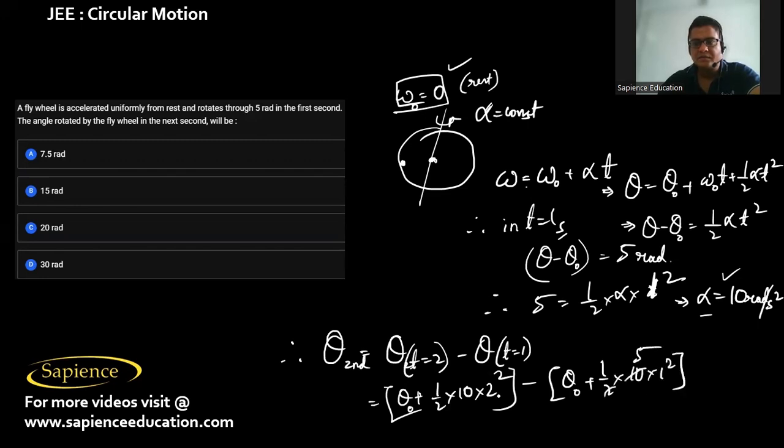So this is 5, and 2 twos are 4, so this is 20 minus 5. Theta naught will cancel out. That is 15 radian. So it will rotate by an angle of 15 radian in the next second. So option B is the correct answer.